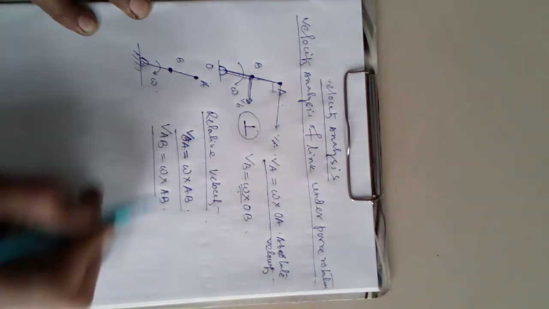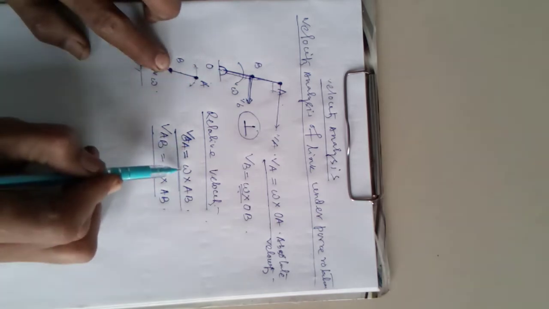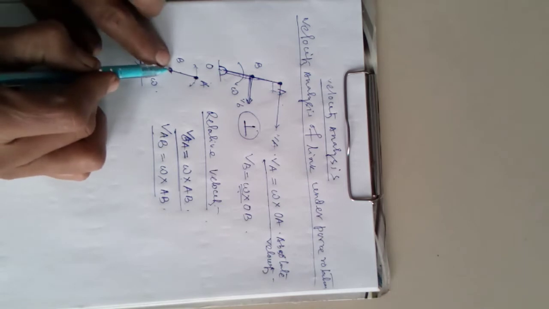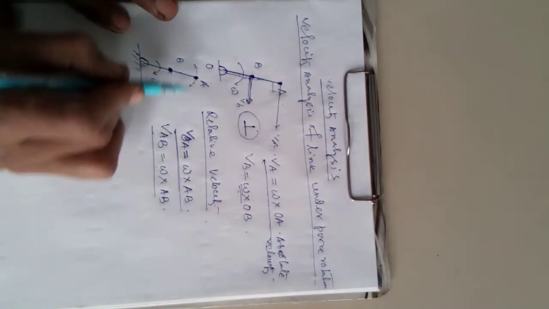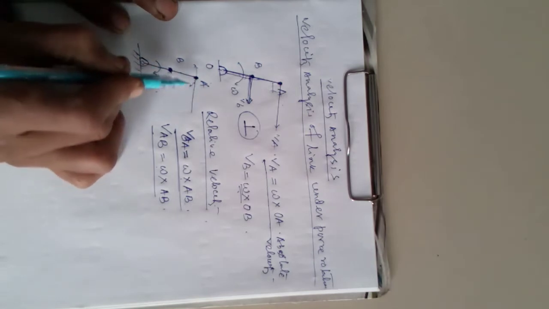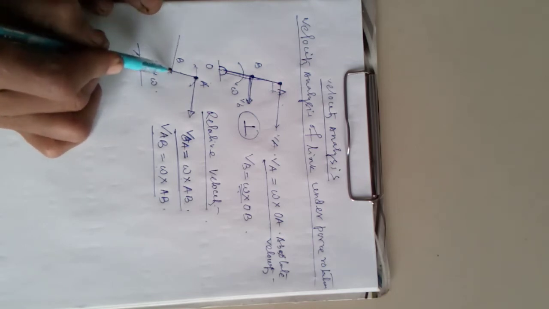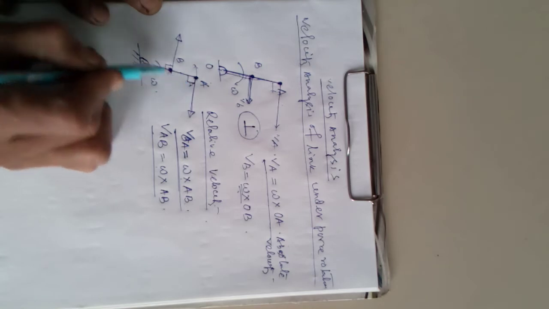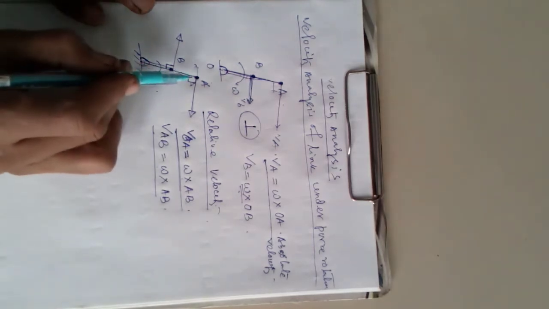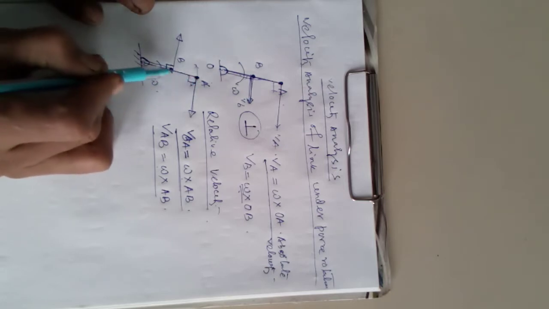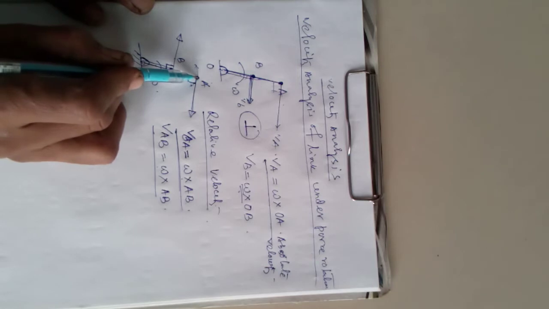Again the relative velocity of A with respect to B, VBA, is omega into AB, and the relative velocity of B with respect to A is also omega into AB. Now the direction: the relative velocity is perpendicular to AB, and the relative velocity of B with respect to A will be in the opposite direction, also perpendicular. When finding the relative velocity of A with respect to B, we take B as the center of rotation, and when finding the relative velocity of B with respect to A, we take A as the center of rotation.